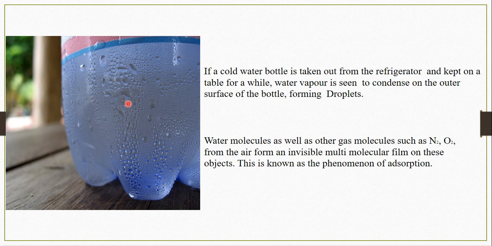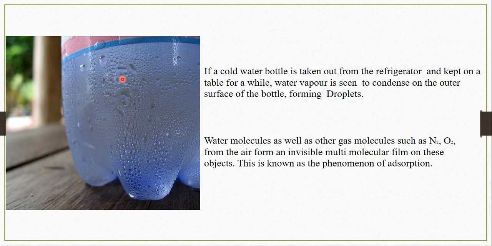Now you might have observed this type of figure. If we take a cold water bottle from the fridge and keep it on the table, we observe that vapor condenses on the outer surface of the bottle, which causes the formation of water droplets.